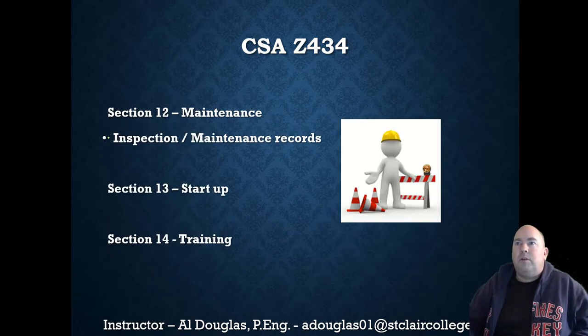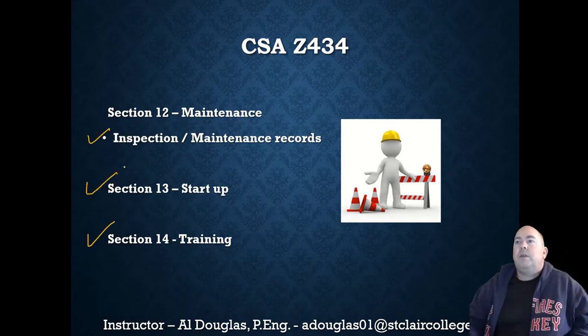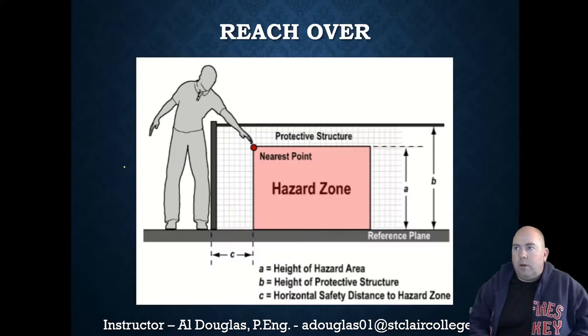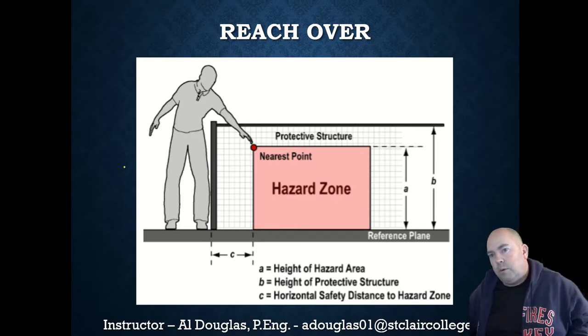You must keep inspection and maintenance records. Section 13 deals with startup. Section 14 deals with training. When we talk about going around and over, we have reach over hazards, and we are going to do a calculation for this as well.